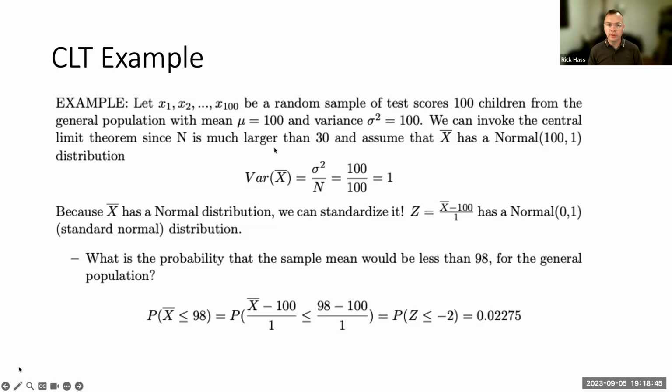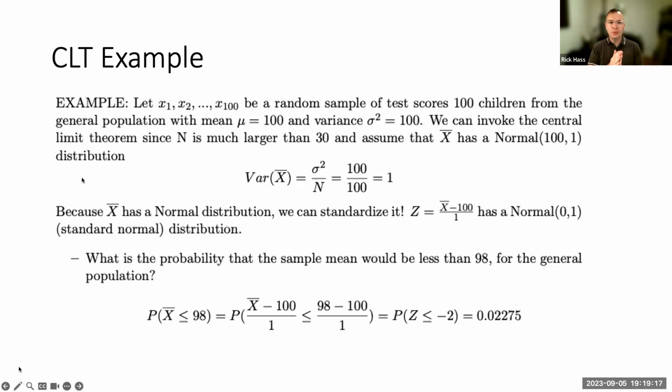Since we have greater than 30 children, we can assume that the sample mean is also normal, with a mean equal to the population mean and a variance equal to 1, because that's the population variance divided by n, 100. Standard error is also equal to 1, because if we take the square root of this, we get 1.